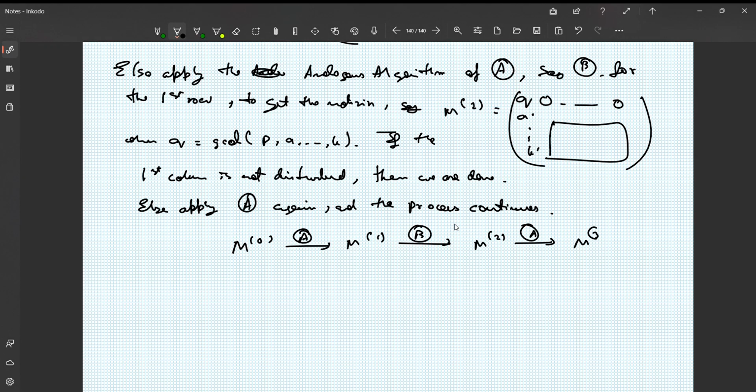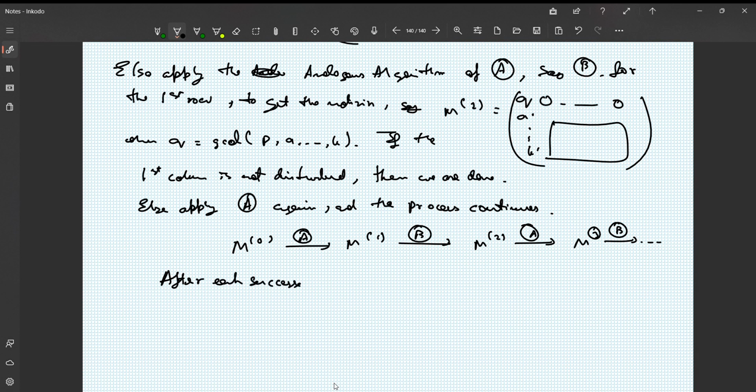So what we are typically doing is that we start with the matrix A, we apply A, we get M1, then we apply B, we get M2, we apply A, we get M3, then we again apply B, and it continues.